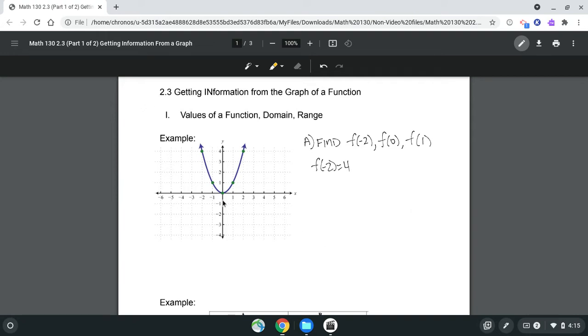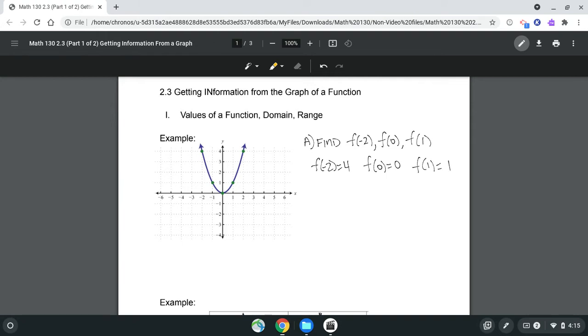And then f of 0, so x is 0. When x is 0, we see that y is 0. So here, f of 0 equals 0. And then for this one, x equals 1. So we go to x equals 1, and the y value is 1. So f of 1 equals 1.